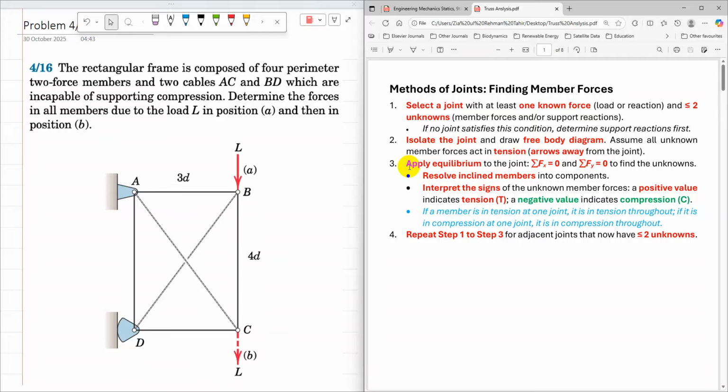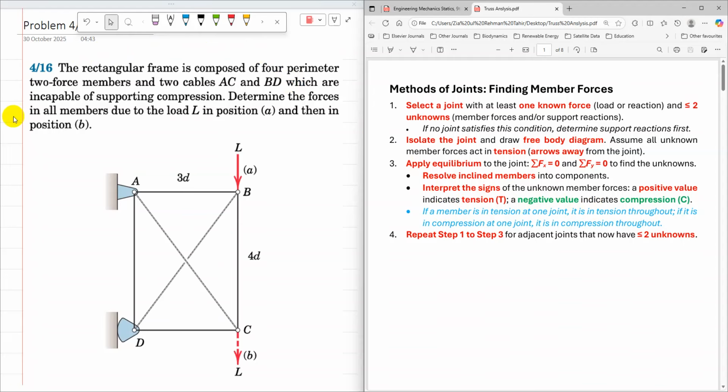Then apply the conditions of equilibrium, sigma Fx and sigma Fy equal to 0, by resolving inclined members into components. After finding the answer, the interpretation of sign is that a positive value indicates tension and a negative value indicates compression.